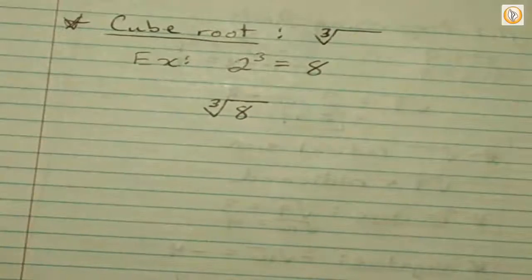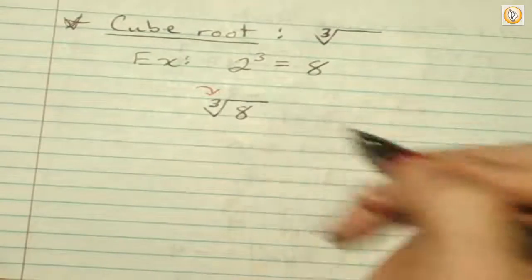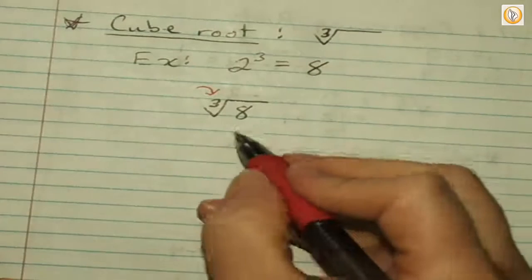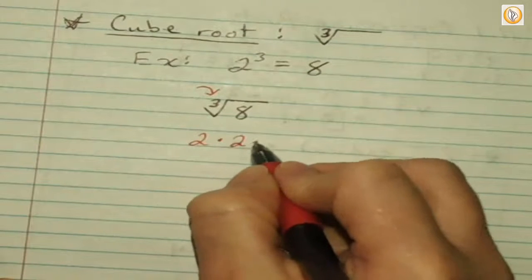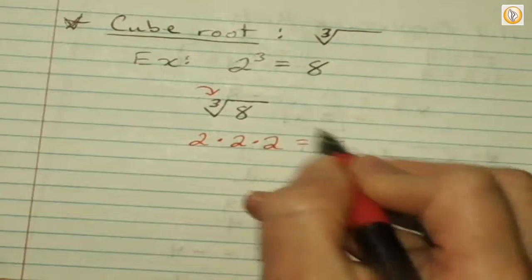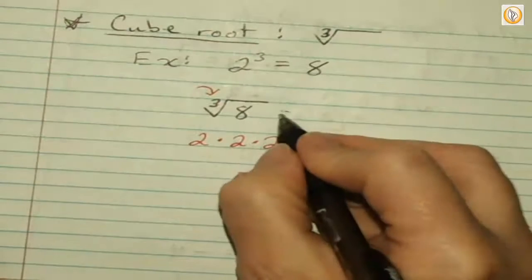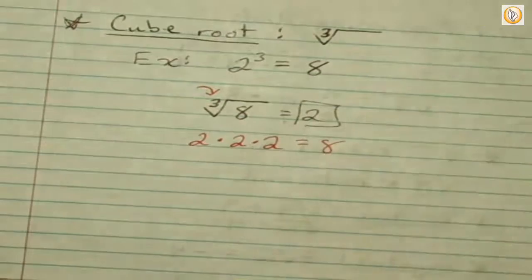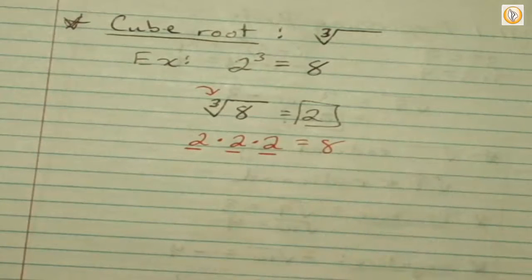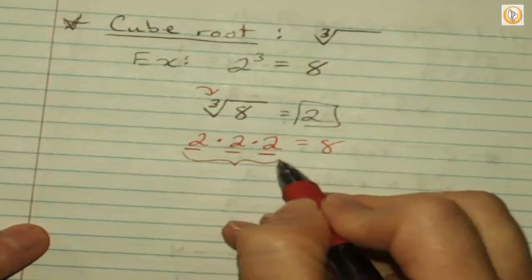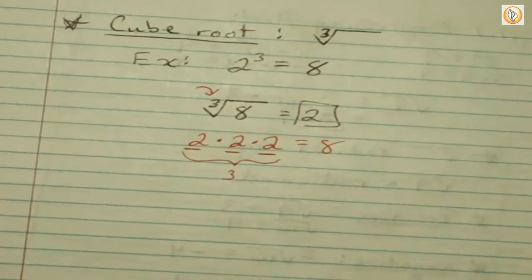So what number times itself 3 times is going to give me 8? 2 times 2 times 2 gives me 8. So the answer is 2. See, the root is 3, so there's 3 numbers. Can you have a negative with these? We're about to talk about that.